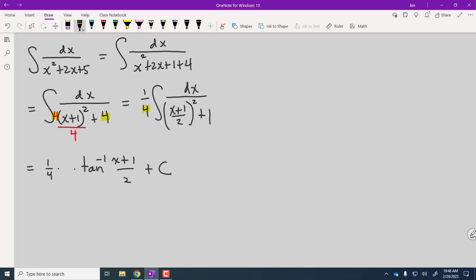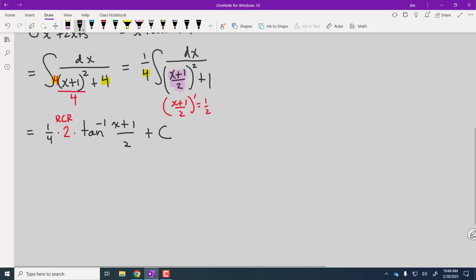2. Because the derivative of x plus 1 over 2 is 1/2. The derivative is 1/2, so we divide by 1/2, which means multiply by 2. So looking at this over here, the derivative of that quantity is 1/2, so dividing by 1/2 means multiplying by 2.